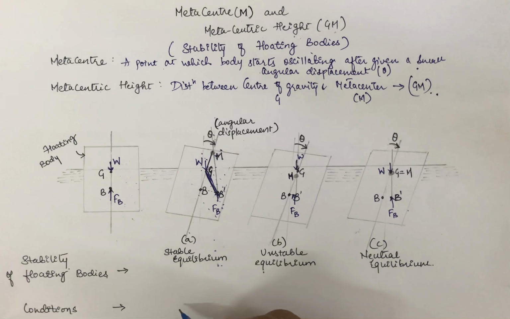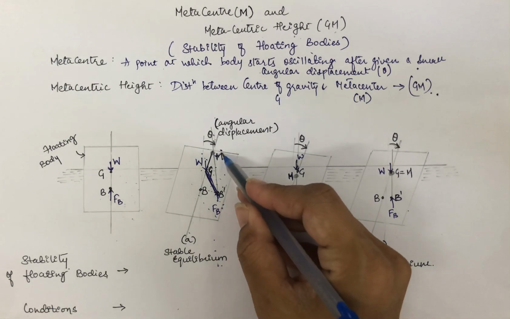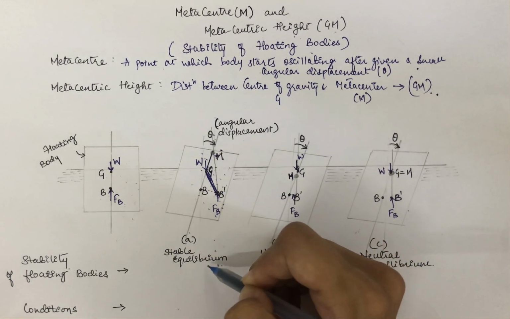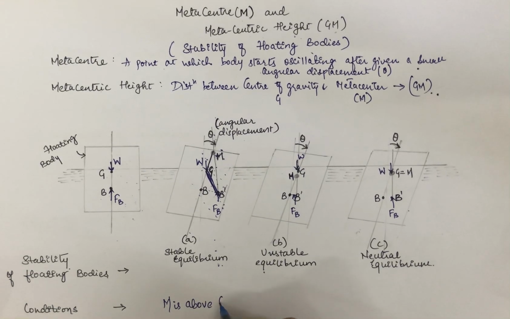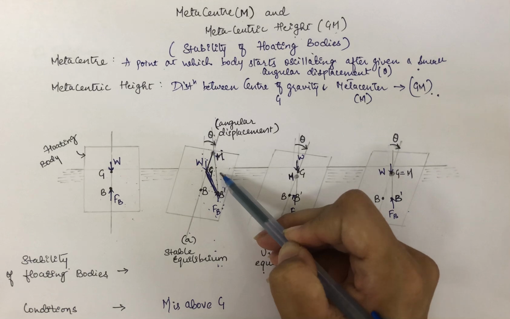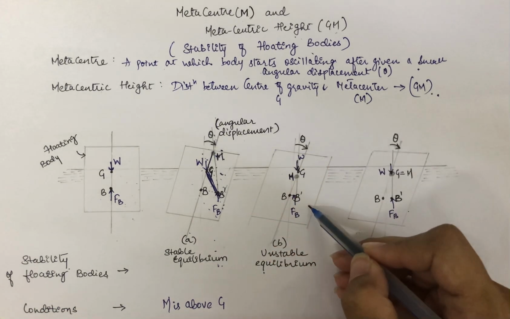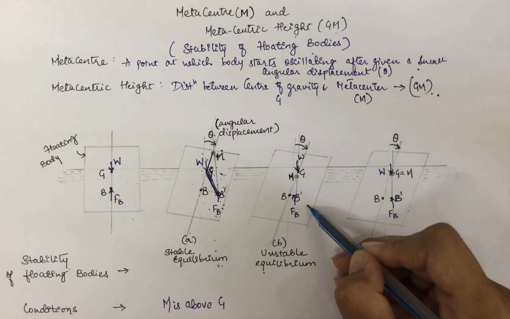So what are the conditions for G and M in case of stable equilibrium? If M is above G, the body is said to be in stable equilibrium. In case of unstable equilibrium, what will happen?